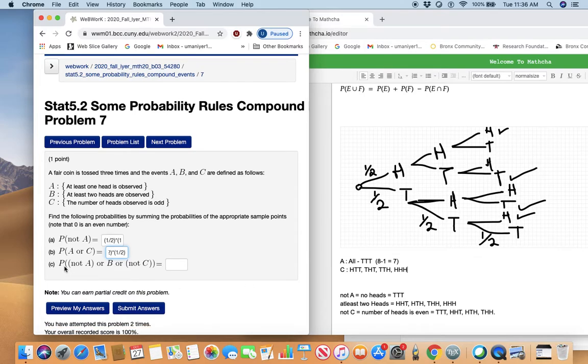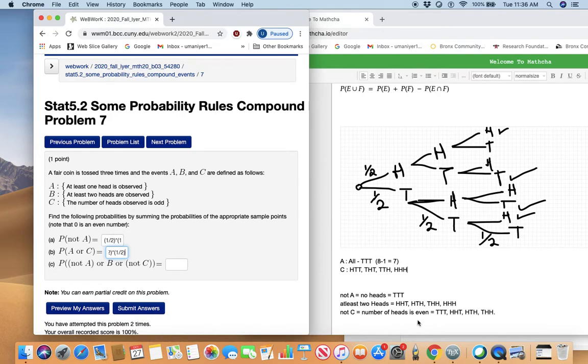The next one, probability of not A. Not A means no heads, which is tail, tail, tail. Or B. B is at least 2 heads. At least 2 heads. Here, here, here, there are 2 heads and here are 3 heads. And not C. C is number of heads is odd.